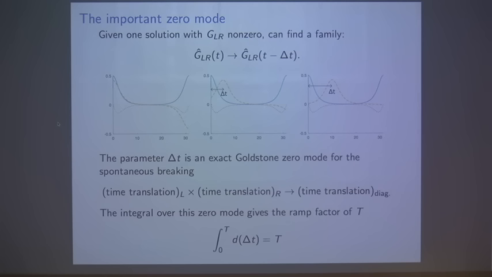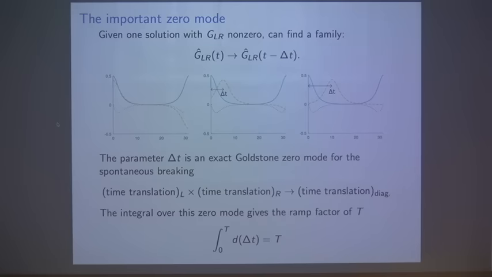This parameter delta t can be understood as a type of Goldstone zero mode for spontaneous symmetry breaking from two independent copies of time translation, one for the left system and one for the right, down to a diagonal subgroup that's preserved by this solution. The solution that correlates the left system with the right system does so by correlating fermions on the left system with fermions on the right system at the same time.